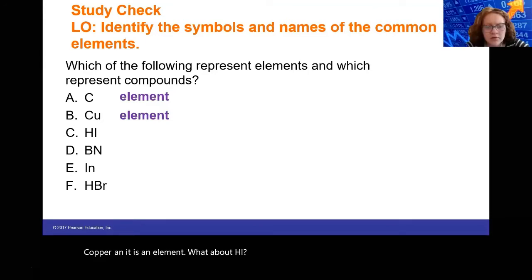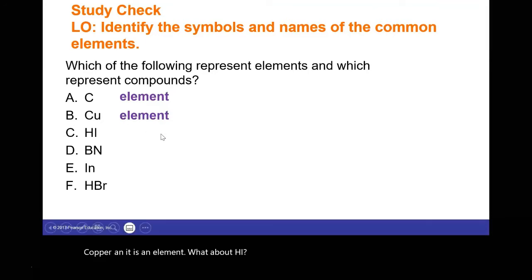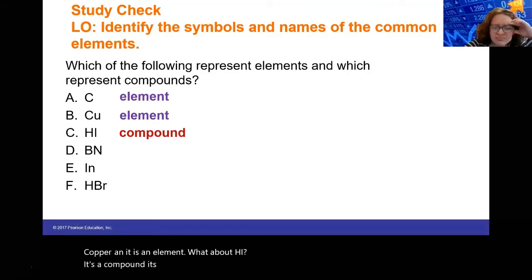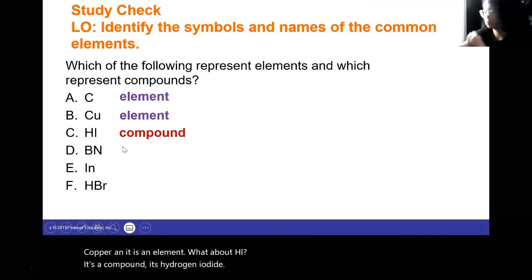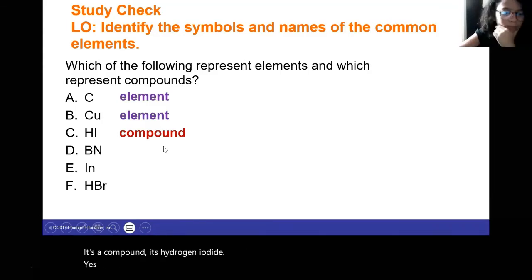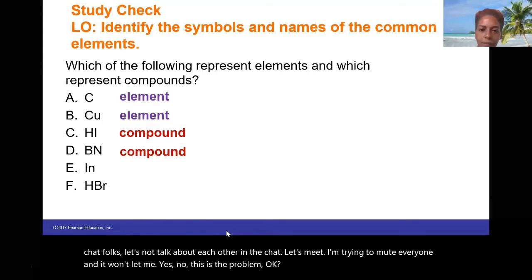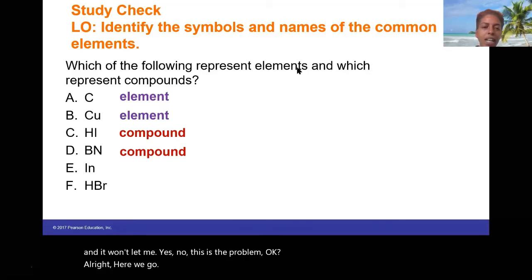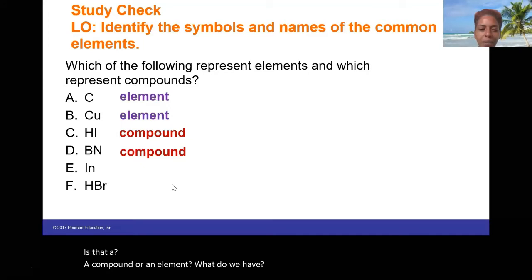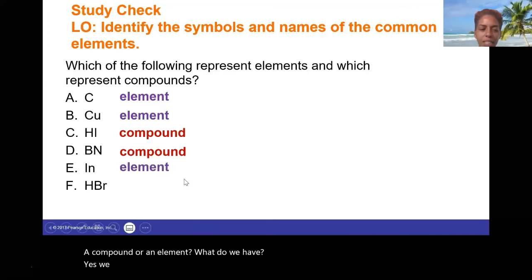Compound. It's a compound. It's hydrogen iodide. Yes. What about BN? Compound. Okay. In. Is that a compound or an element? What do we have? Yes, that is an element. It is indium. And what about HBr?